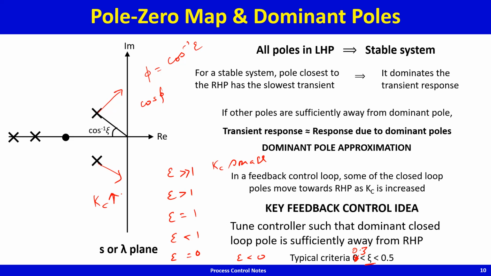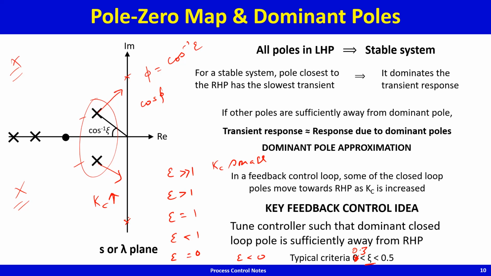So then what you say is that the root that is closest to the right half plane, which in this case are these two roots, if there were two other roots of this kind, we would still focus on this one because these are closest to the right half plane and therefore they dominate the transient response. The transients because of the others are going to die out very quickly. So what we are now saying is that by ensuring that the damping coefficient of these two dominant roots is sufficiently away from 0, that means sufficiently away from the right half plane, because when the damping coefficient is 0, then you get these roots exactly on the imaginary axis.